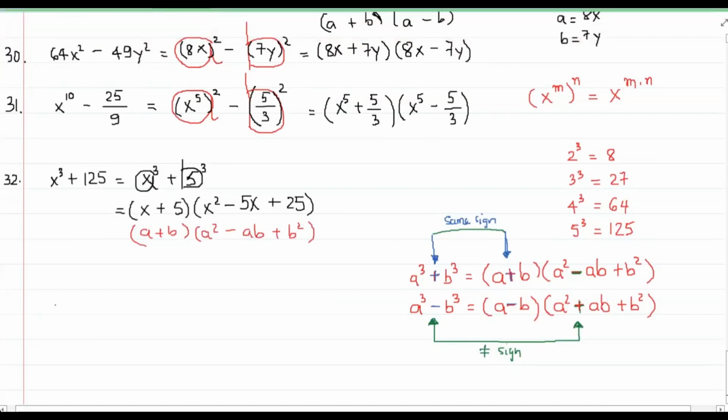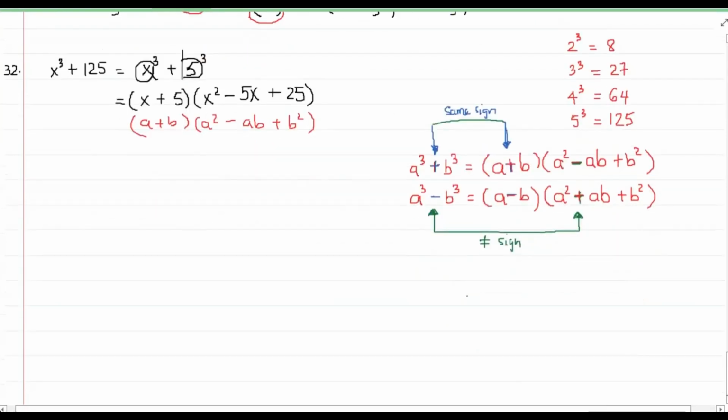Now the last one for today. Number 33. We have x cubed minus 64. Rewrite it as x cubed minus 4 cubed.